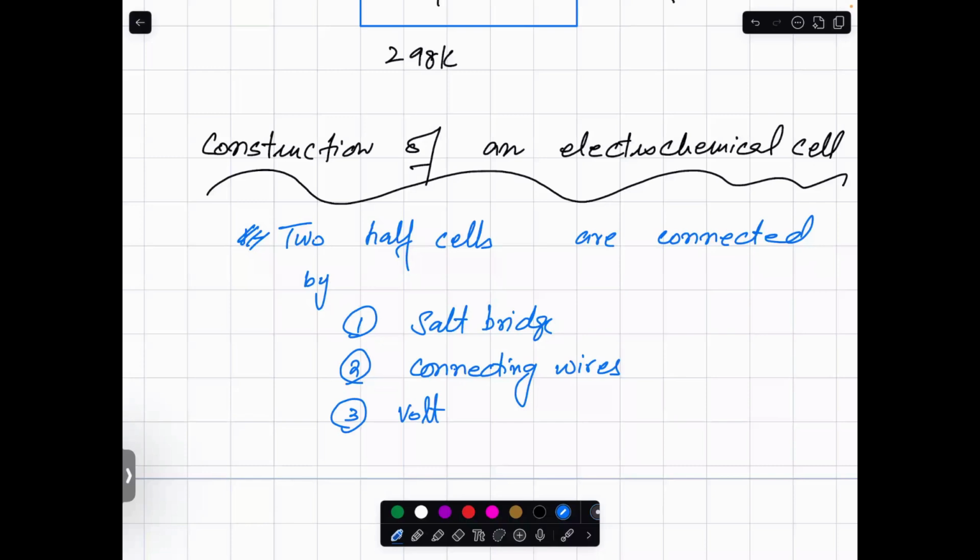voltmeter, salt bridge, complete the circuit by movement of ions.